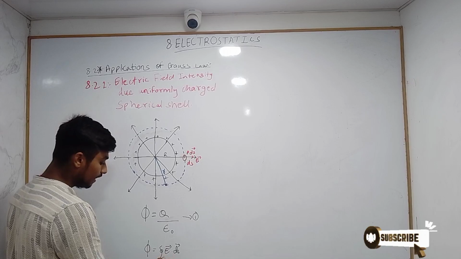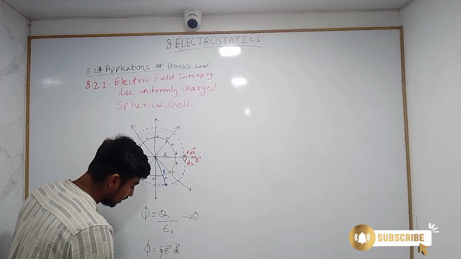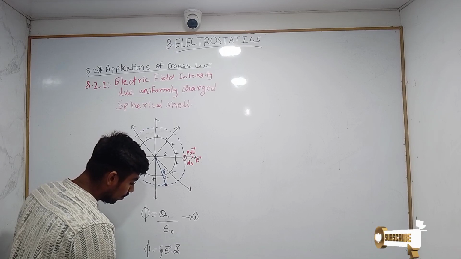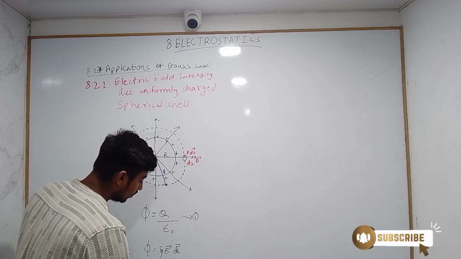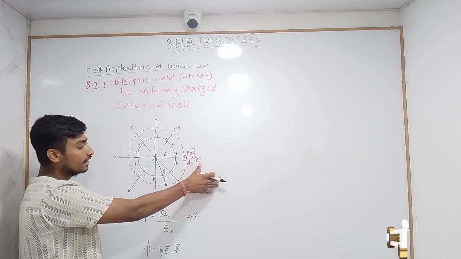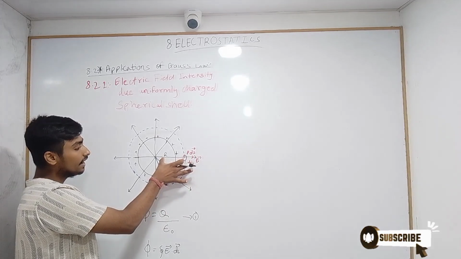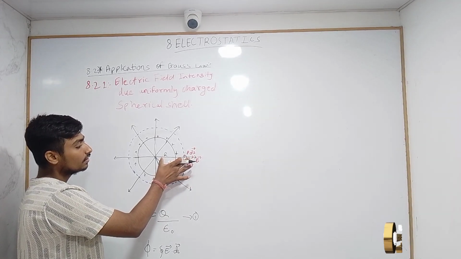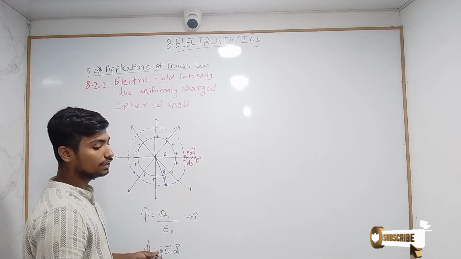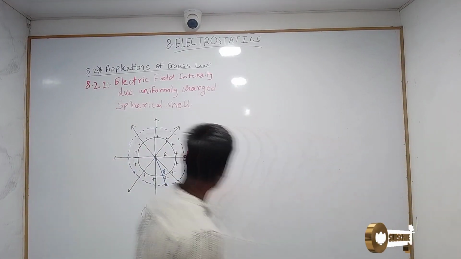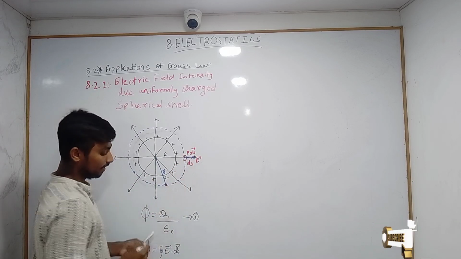So if you want to write this, to remove the vector we will use E ds cos theta. Here the electric field is making an angle of 0 degree with the radius, or you can say the ds vector is making an angle of 0 degree with our electric field. As you can see here, it's 0 angle.